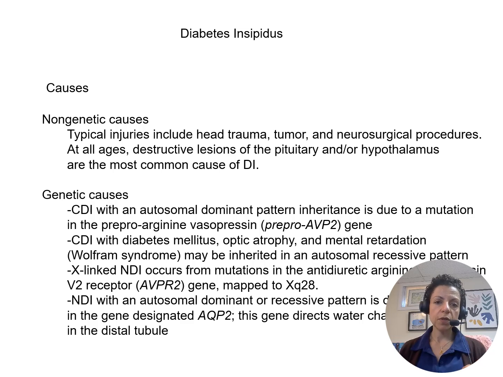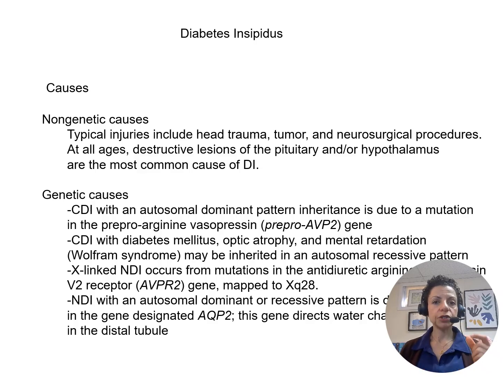Most people with diabetes insipidus sustain some sort of head injury, or maybe they had a tumor, or maybe they had a neurosurgical procedure, but there was something that caused some sort of traumatic injury to the hypothalamus. We also have destructive lesions of the pituitary or hypothalamus. All of these are the most common causes of diabetes insipidus, and they cause central diabetes insipidus.